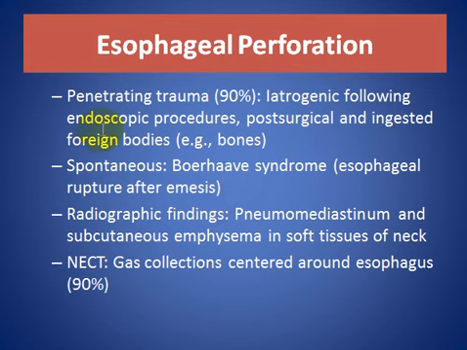Esophageal perforation is due to penetrating trauma in 90% and iatrogenic following endoscopic perforation, post-surgical, and ingested foreign body, bones, fish bones, etc. Spontaneous, as in Boerhaave syndrome, it is esophageal rupture after emesis, and in the radiographic findings we have pneumomediastinum and subcutaneous emphysema in soft tissue in the neck.